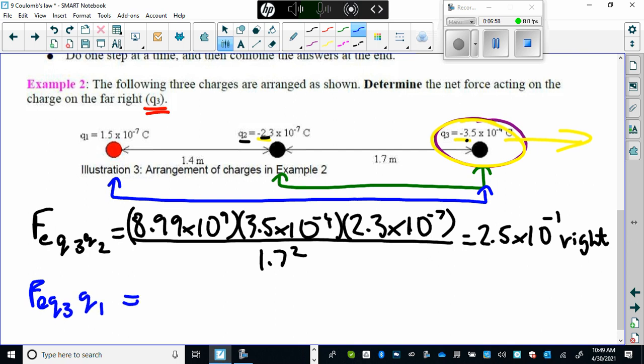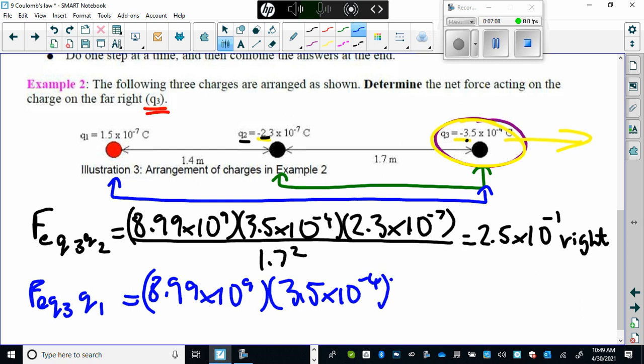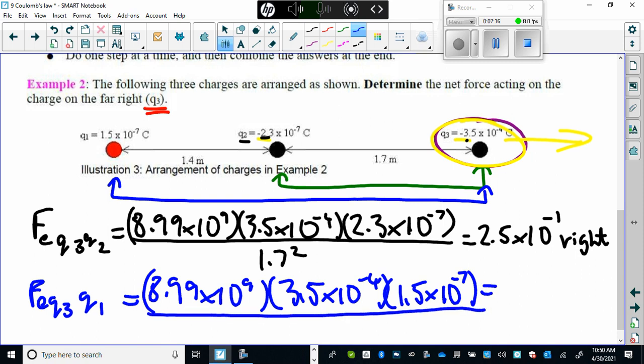Right, so we're going to get, again, the K value, and we're going to just plug in the different numbers. That's 3.5 times 10 to the negative 4. This time we got 1.5 times 10 to the negative 7 divided by, be careful here, because the distance between them is not 1.4.